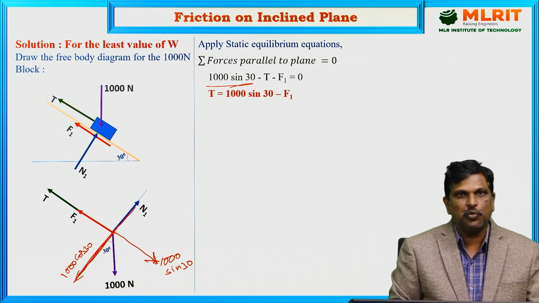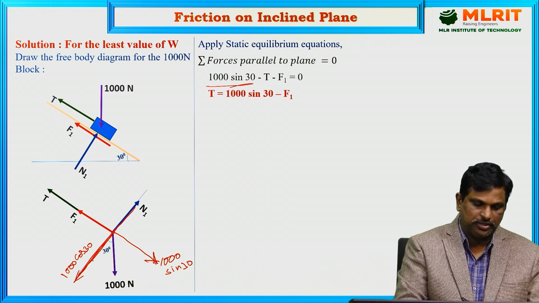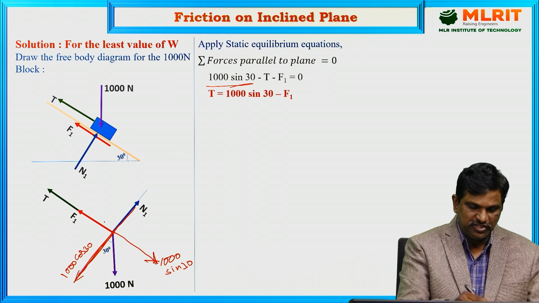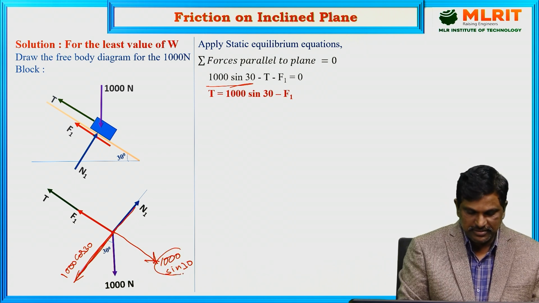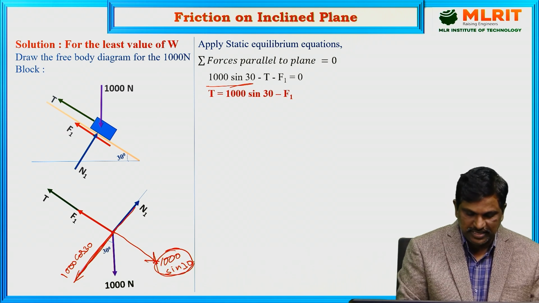See now, all the forces are either along the plane or normal to the plane. The forces acting parallel to the plane are 1000 sine 30. The body is tending to move in the downward direction, that's why I am taking 1000 sine 30 positive.